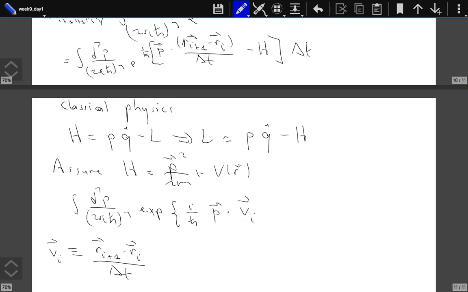This is how I define v_i. Minus i over h bar p squared over 2m.